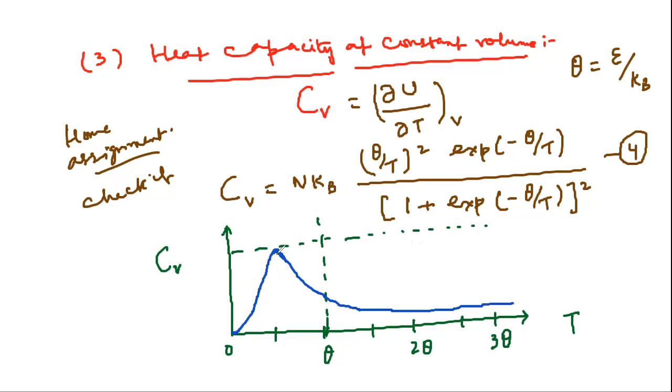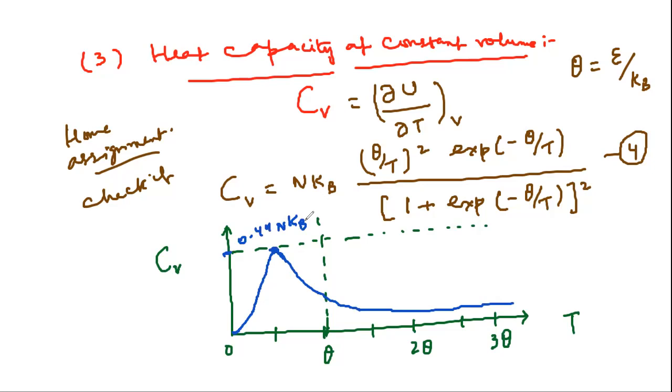This maximum peak value here is 0.44 N kb. This is how this heat capacity at constant volume changes with temperature.